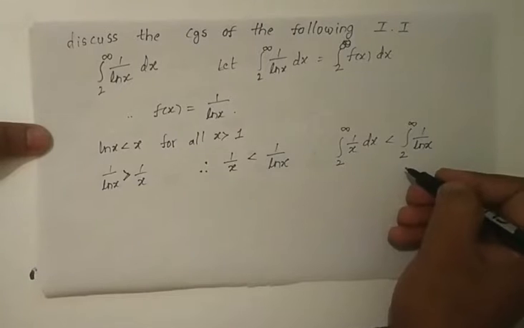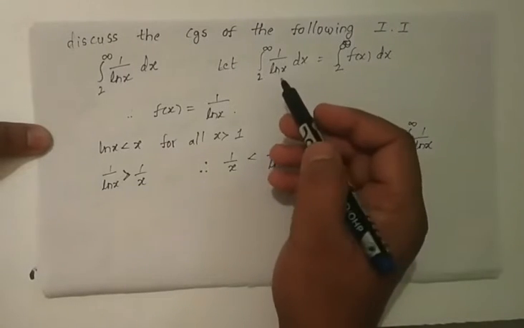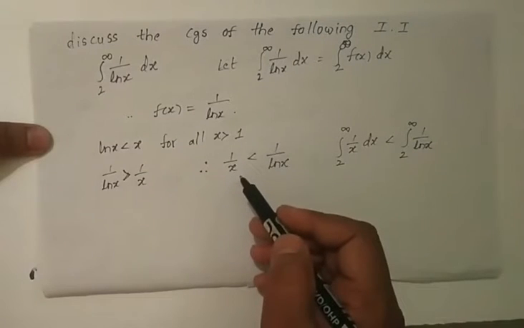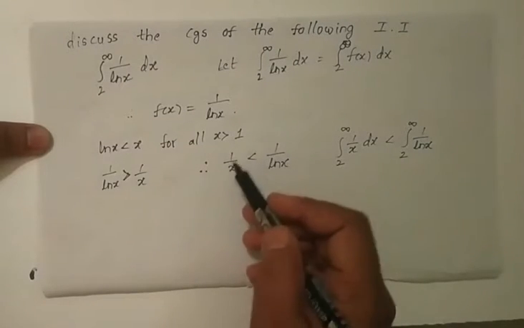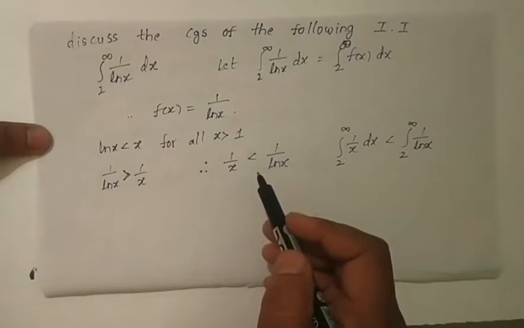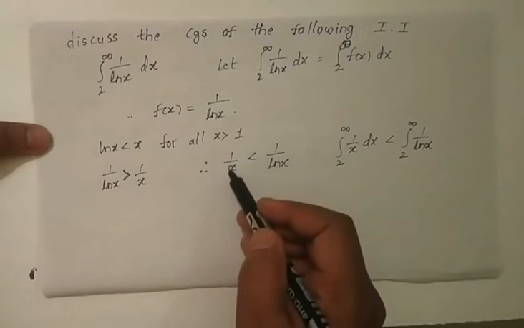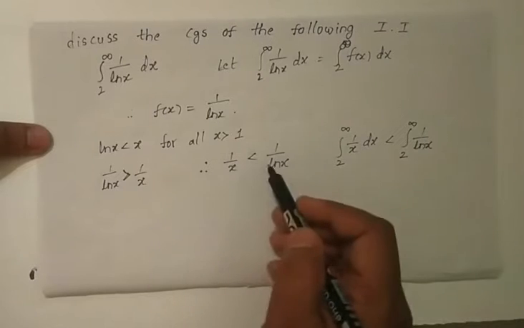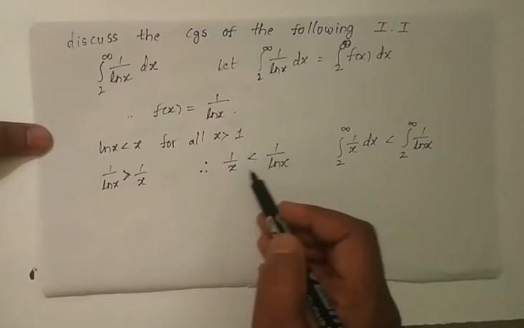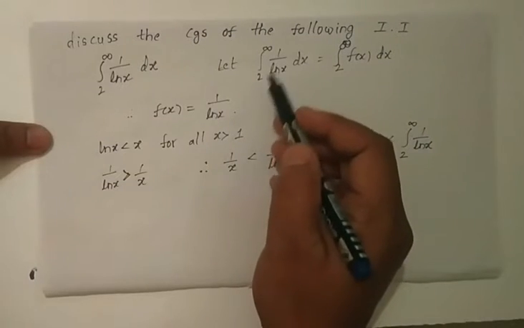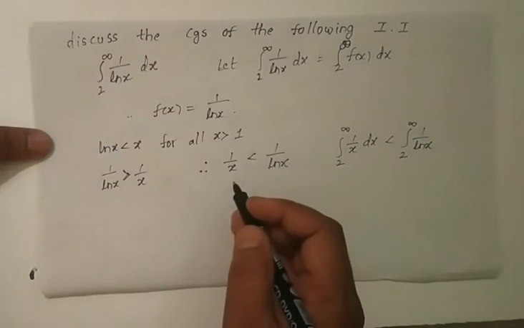If the given integral started from 1 to infinity, then we would apply the integral from 1 to infinity. Here I am applying the integral from 2 to infinity because the given integral starts from 2 to infinity.